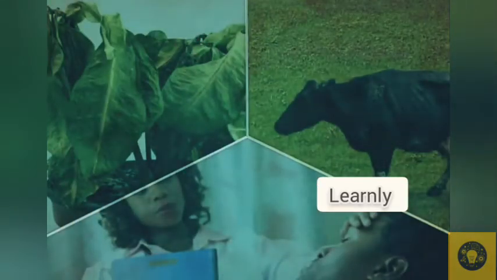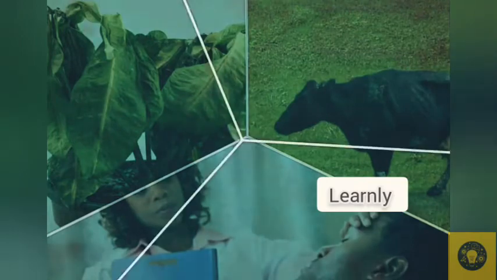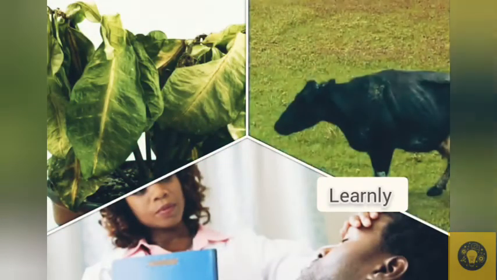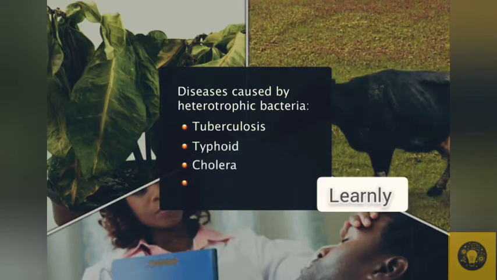Some heterotrophic monerans are harmful to us and other living beings. They are disease-causing pathogens that affect humans, plants, and animals. A few examples of diseases caused by bacteria are tuberculosis, typhoid, cholera, and tetanus.